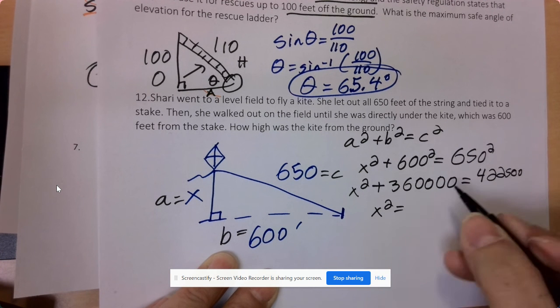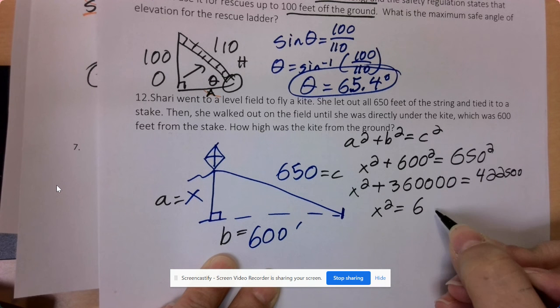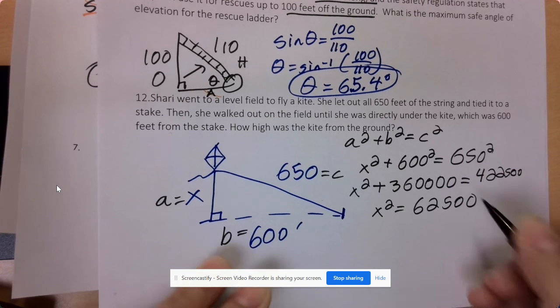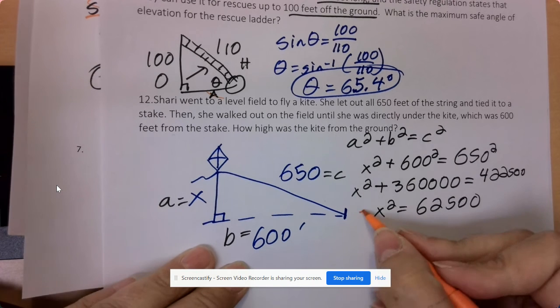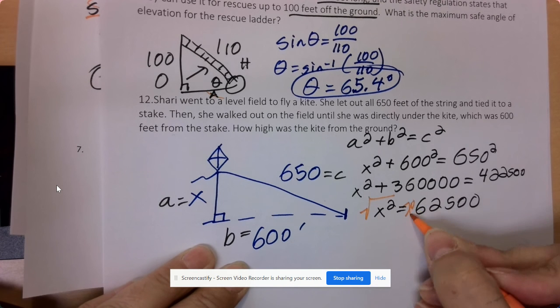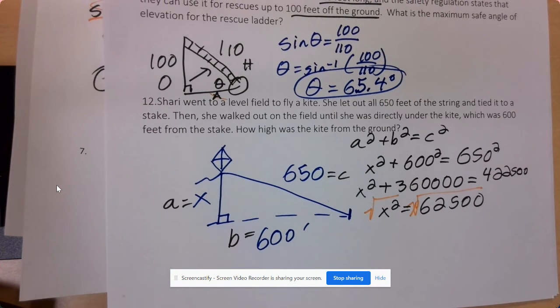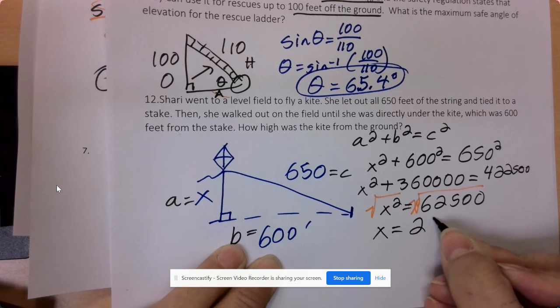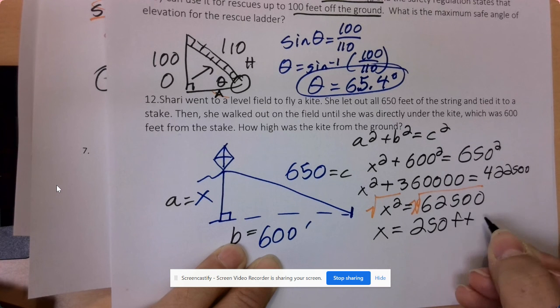So I subtract, everybody, and I get 62,500. And then we're going to take the square root, everybody. Got to get to the root of the problem. We get that x would be 250 feet off the ground.